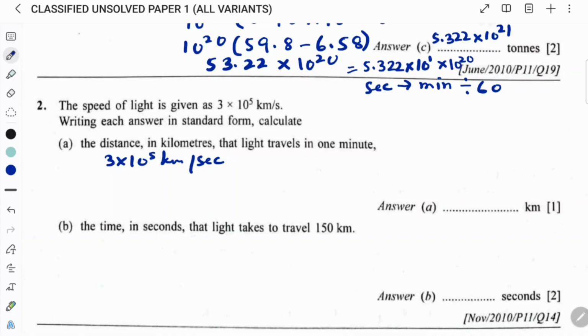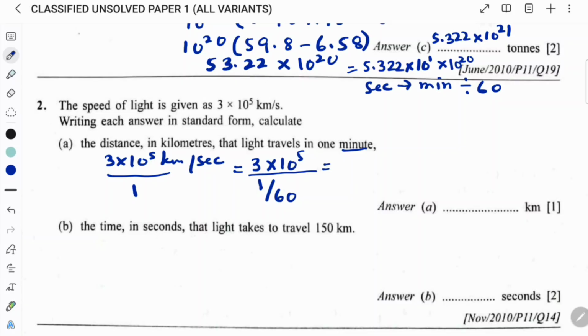So in the question the speed is 3 times 10 to the power 5 kilometers for every second. Now we have to change 1 second into minutes. So 1 upon 60. Okay. 3 times 10 to the power 5 divided by this, which was per second, and we are going to change into minutes, 1 upon 60.